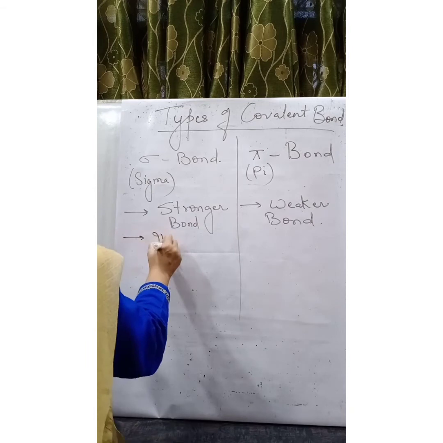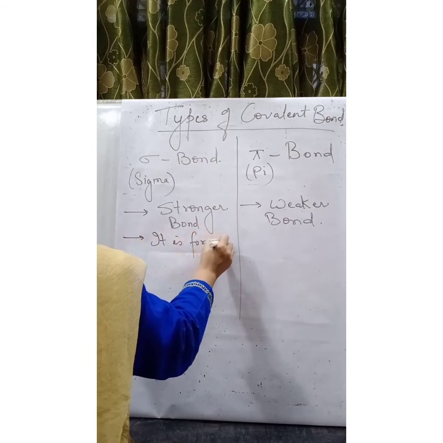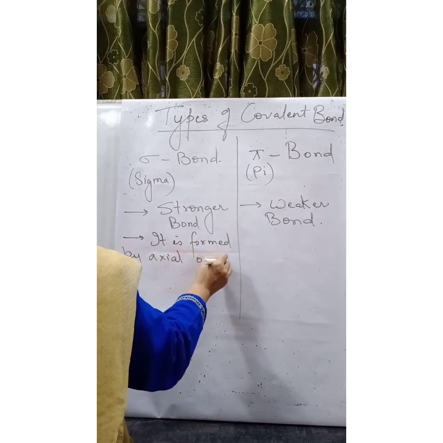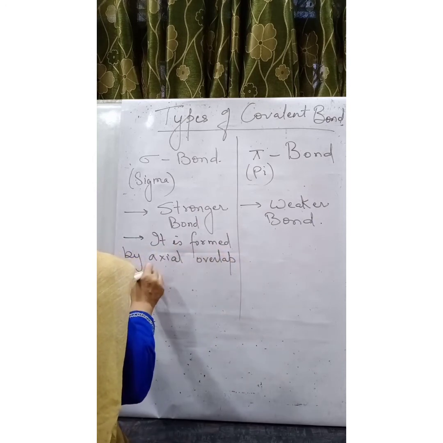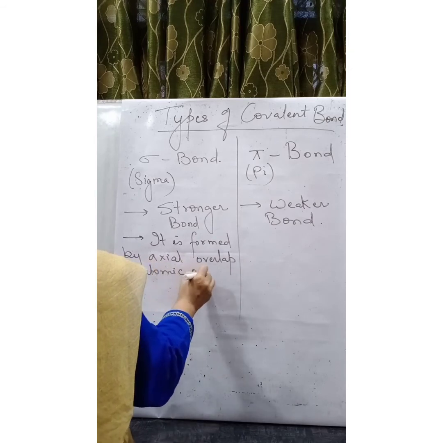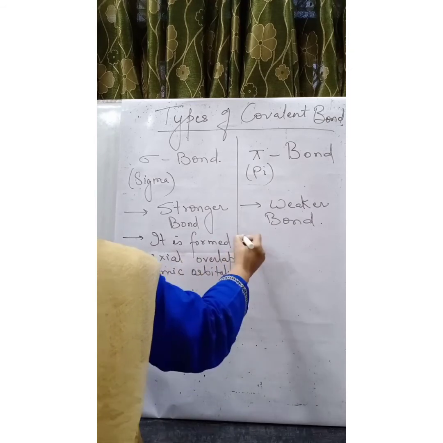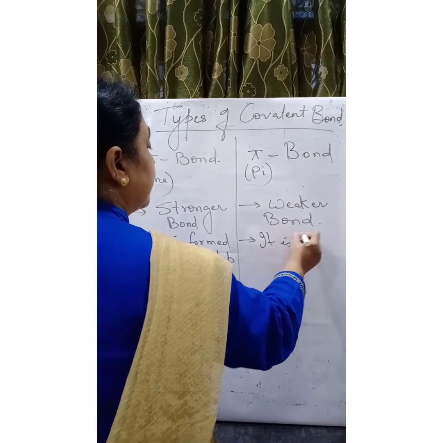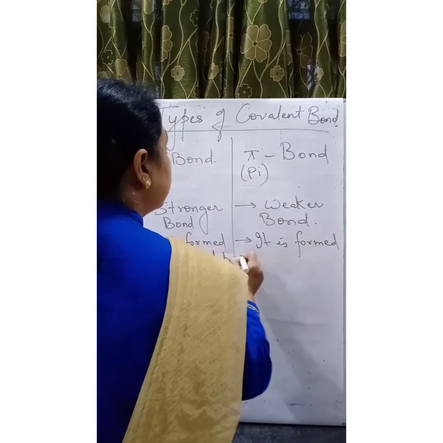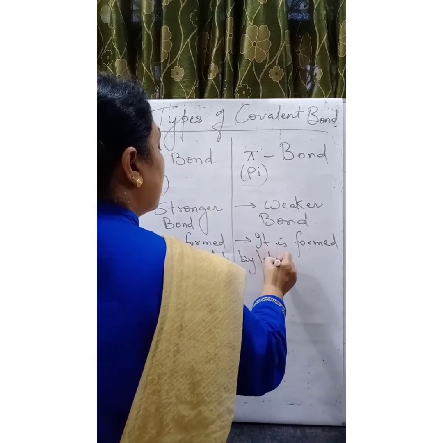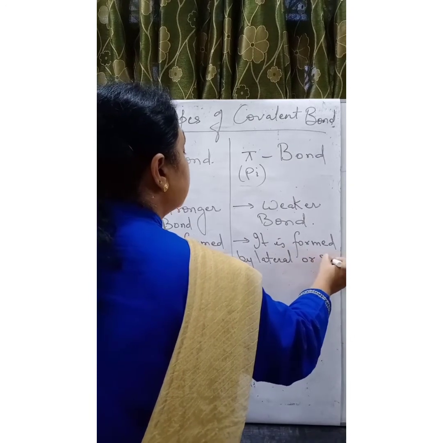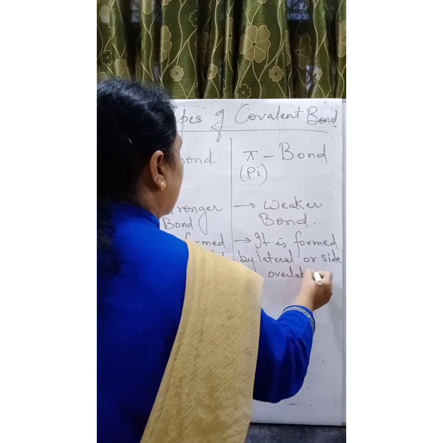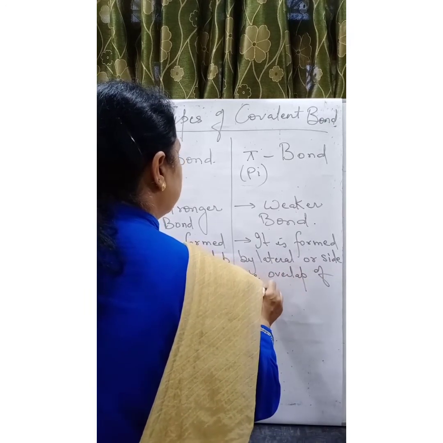So it is formed by axial overlap of atomic orbitals. And how is a pi bond formed? It is formed by lateral, or sidewise, overlap of atomic orbitals.